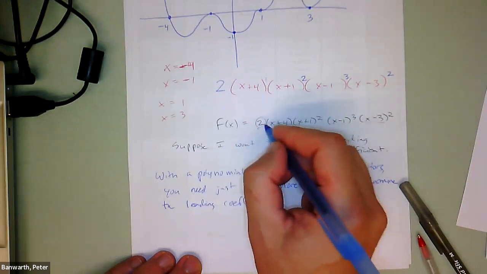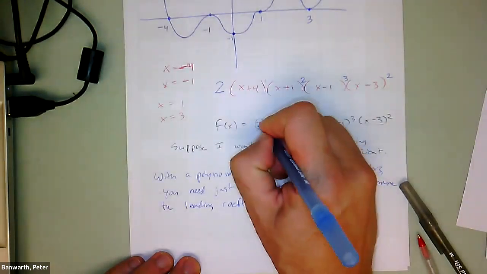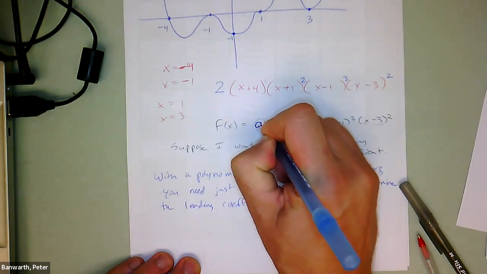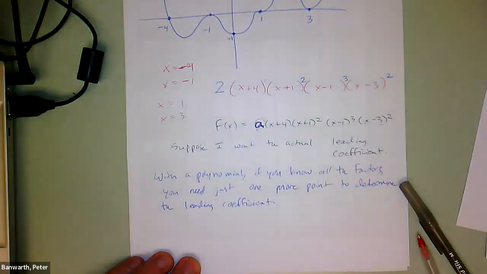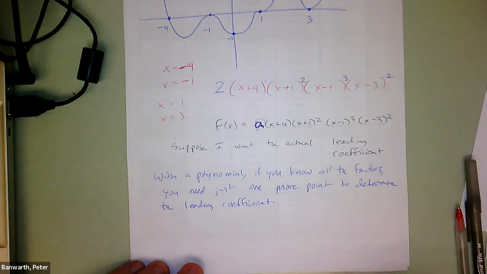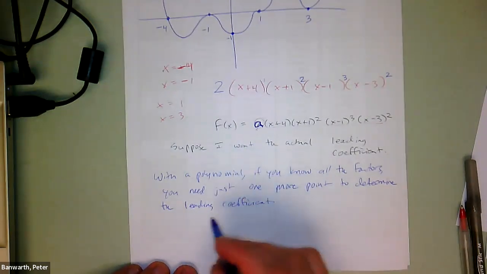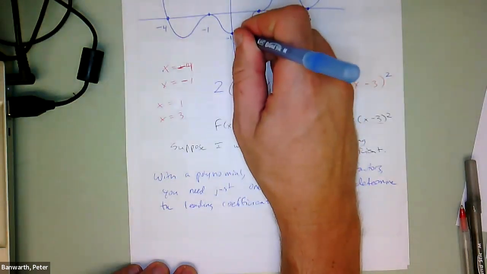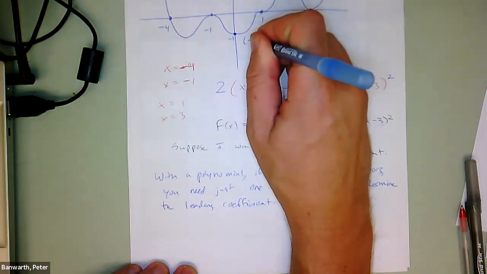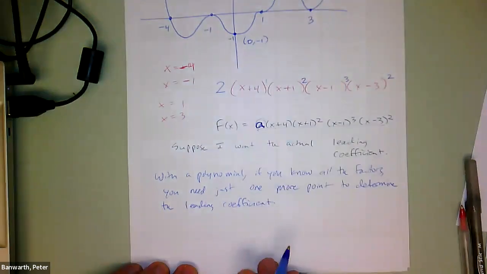Instead of a 2, I'm going to write in another number, just a placeholder. I'll call it A. And so I don't know exactly what A is. I think A is positive, but we'll find out. Even if I get it wrong in this guess, I'll get the right one here. I have one more point, and that point is the y-intercept, which is 0, -1.